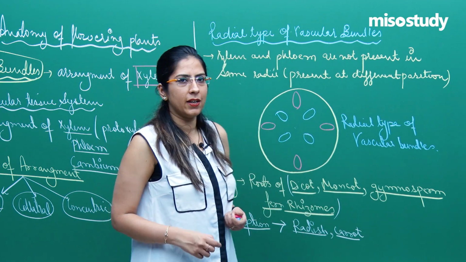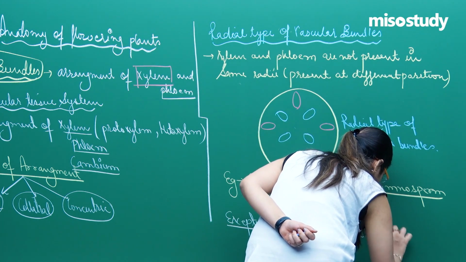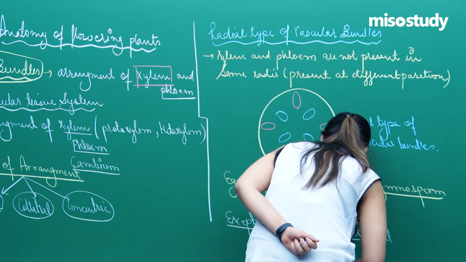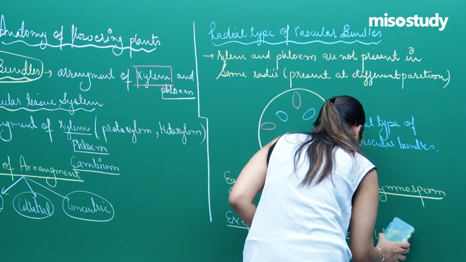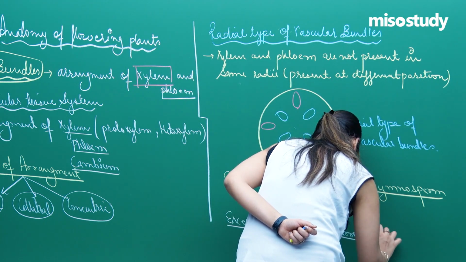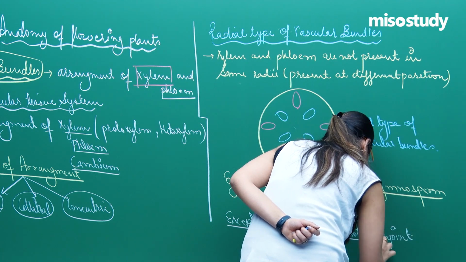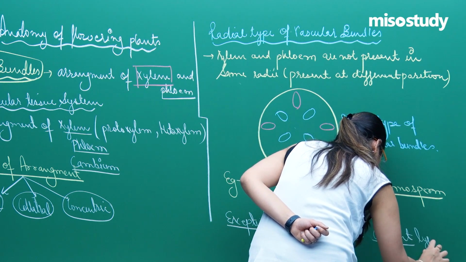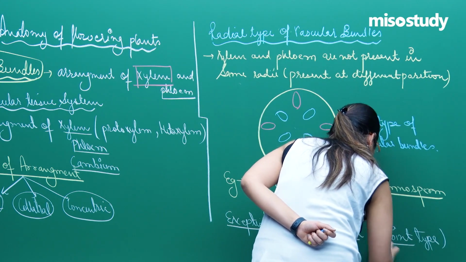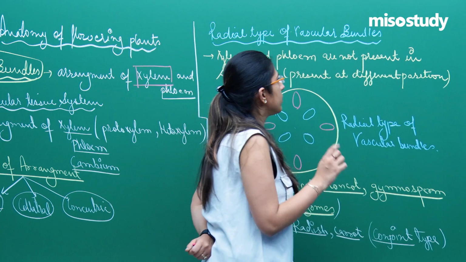Exceptions are radish and carrots, in which, more precisely, I can write, the conjoint type of arrangement can be seen. This was the first type.